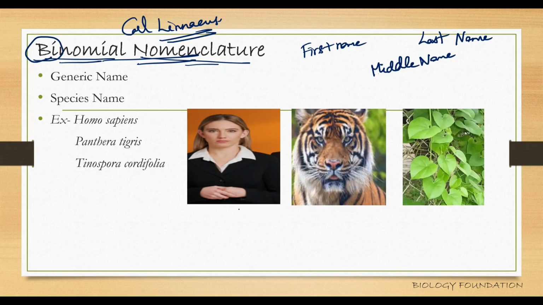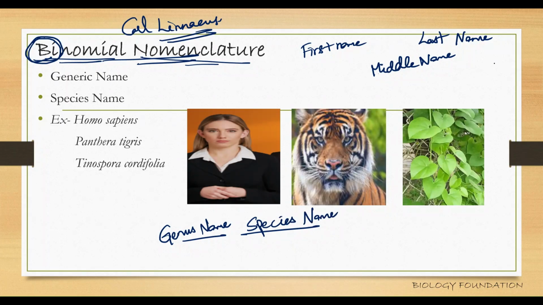Binomial nomenclature. That means every plant species or any living organism on the planet Earth has two parts in its name. Okay, hence we use the term binomial. There are two parts in the name. The first part refers to the genus it belongs to, the genus name, and the second part is the species name.